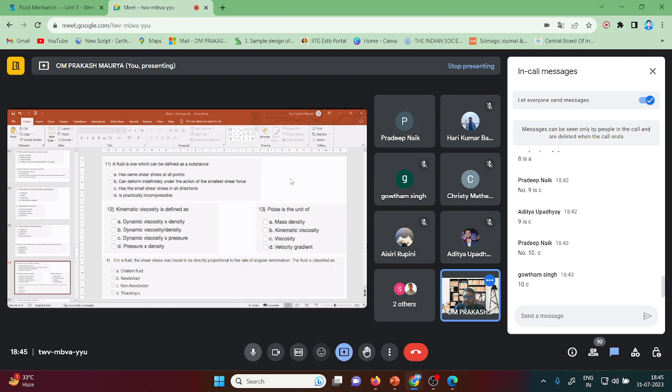Option A: has the same shear stress at all points; can deform indefinitely under the action of a smaller shear force; has a small shear stress in all directions. And the last option is that it is practically incompressible.